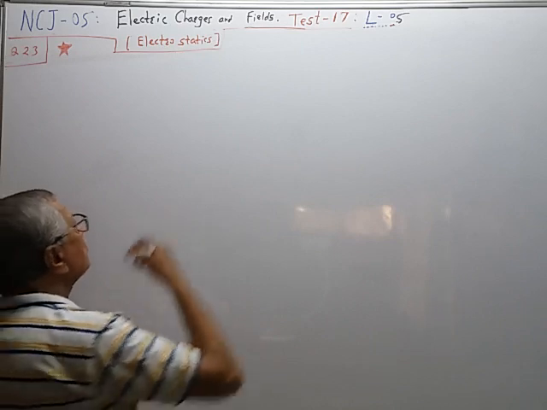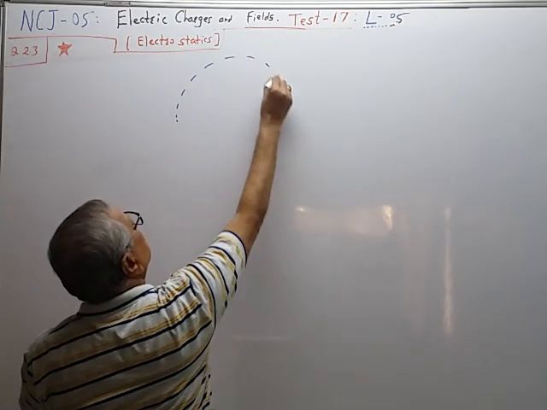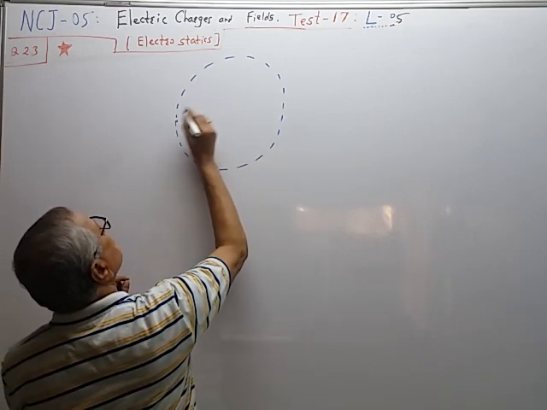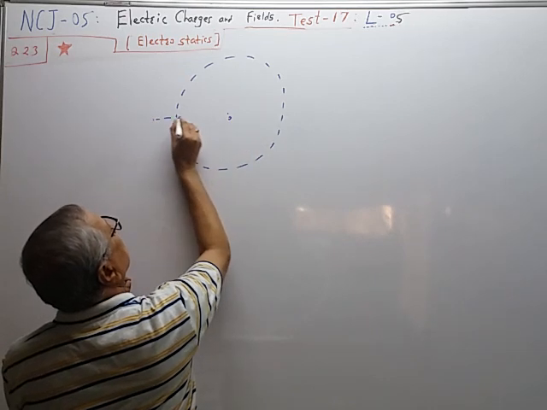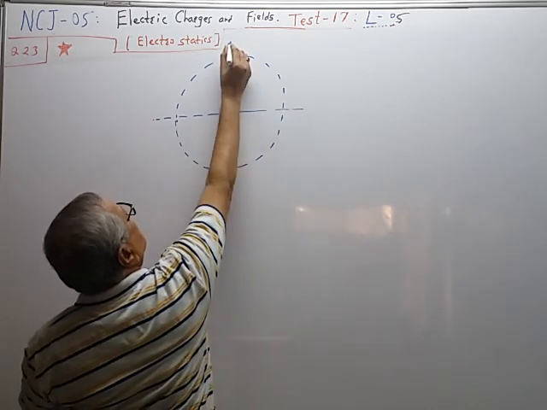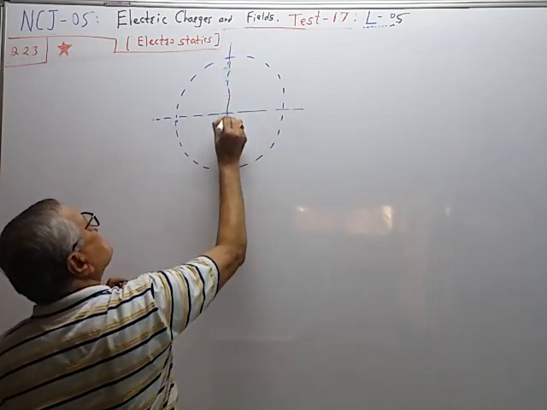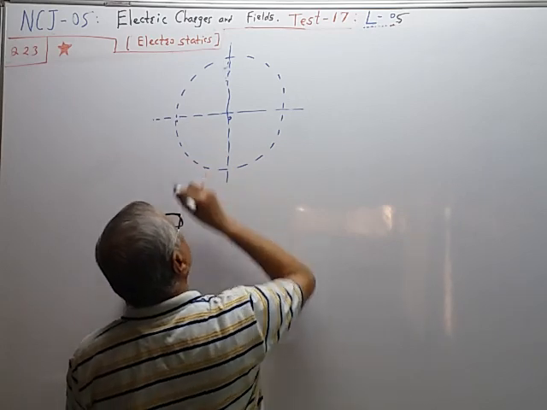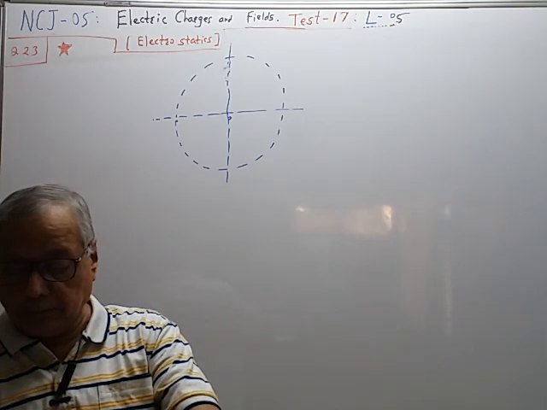So first I will draw the figure. So this is the center O. So this is the diameter AB.